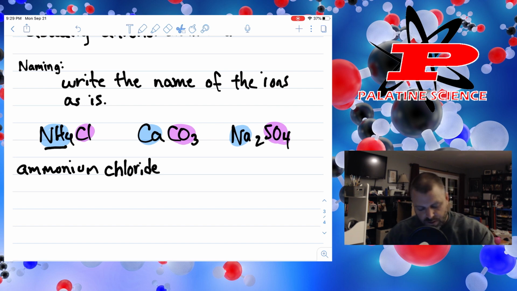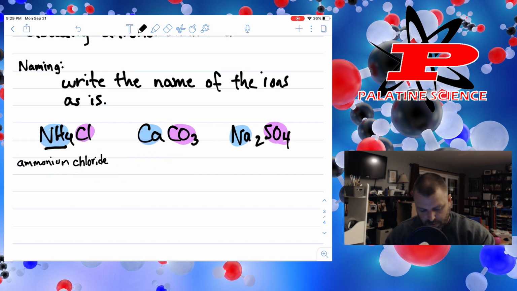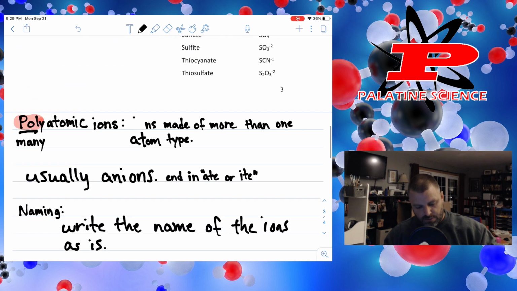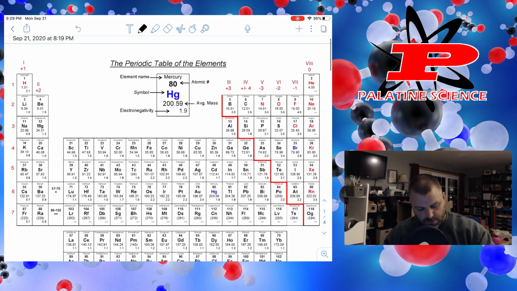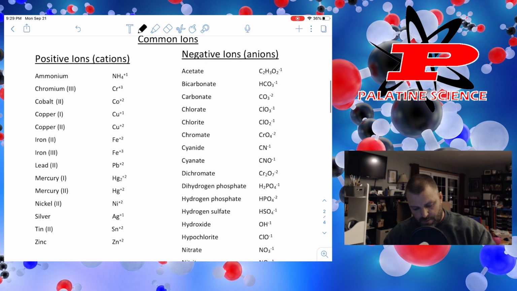Okay, over here, the next one, we have calcium, right? It's on the periodic table of the cations. You just name as is. So calcium is from the periodic table. If you need to look at the periodic table, we have calcium right there. All right, and calcium, and then we have a polyatomic anion in that case. We scroll up to our polyatomic anions.